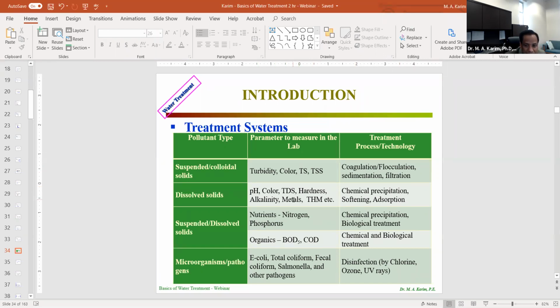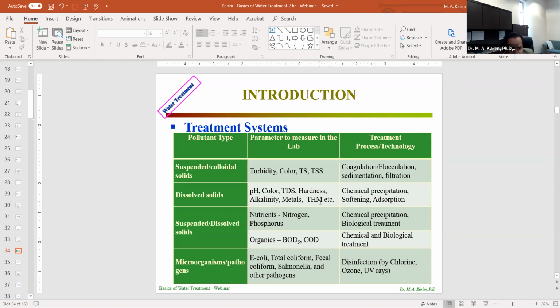Metals can be dissolved, and THM, trihalomethane, comes from the chlorine disinfection process. Chemical precipitation, softening, and adsorption are the 3 treatment processes we can use to remove or alter pH, color, TDS, hardness, and metals.